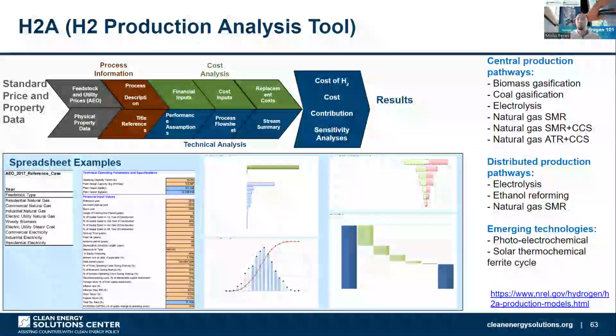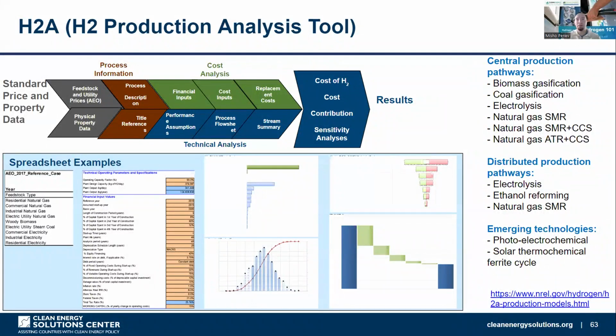And lastly, this model also has a number of emerging pathways that we're tracking, notably the photoelectrochemical pathway, which is essentially, if you can think of a solar type of panel element that is submerged in water, produces voltage across it and splits water on both sides. So we're exploring some of the more interesting and potentially economic emerging pathways. A couple of things I want to point out is that all of these pathways consider what's called an nth plant production.